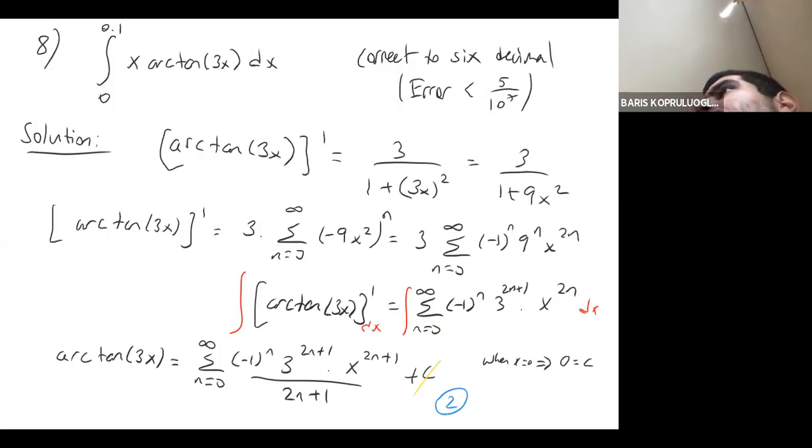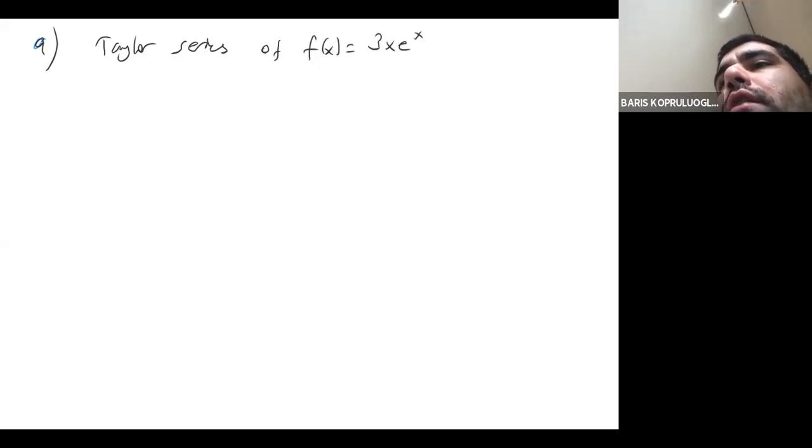Any questions on number 8? Okay, let's quickly solve 9 and 10. They're not that long. So, Taylor series of f of x equals 3x e to the power of x at a equals 0.